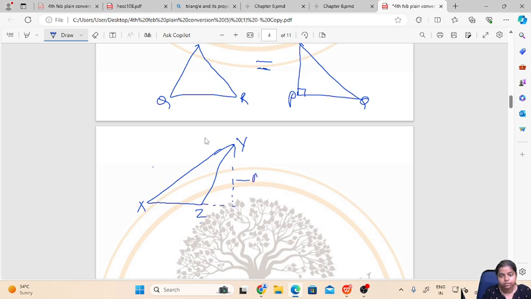This is the altitude. You have to remember: if they tell you to draw the altitude in the exterior, then it is an obtuse angle triangle. On the side, then it is a right angle triangle. Within the triangle, then it is an acute angle triangle. Okay, you have to remember it.